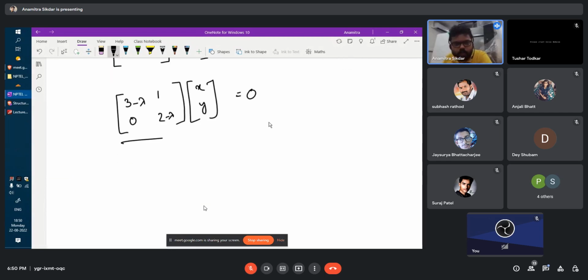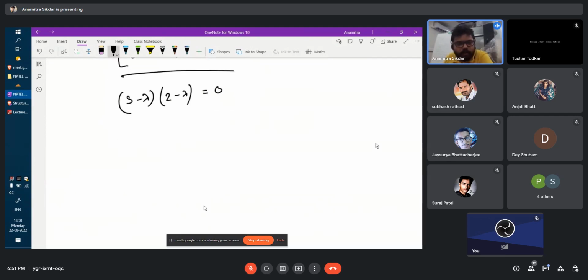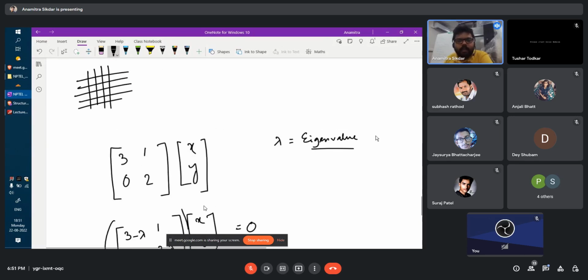If this is 0, then the determinant of this will be 0. So that means 3 minus lambda into 2 minus lambda is equal to 0. We know how to calculate the determinant, right? Yes, sir. So what will be the value of lambda? It will be 3 or 2, right? If we solve this equation, it will be either 3 or 2. So now we have the eigenvalues.